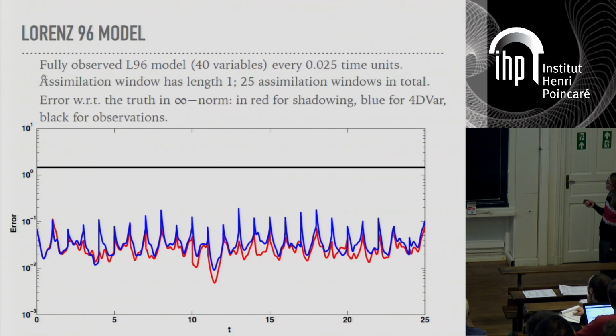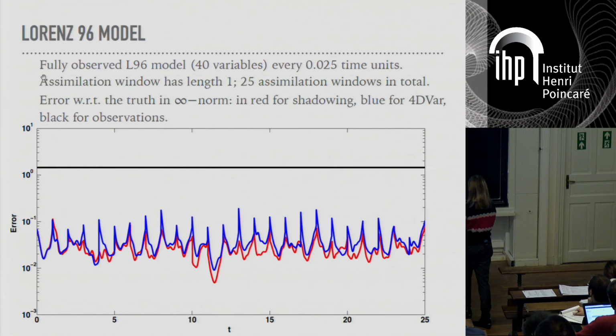The black curve is for the observations averaged over time, the blue curve is for the var, and the red curve is for shadowing. What you can see is that the red curve is lower than the blue curve, mainly because with the shadowing refinement we can have longer assimilation windows than with variational data assimilation, so the error decreases.